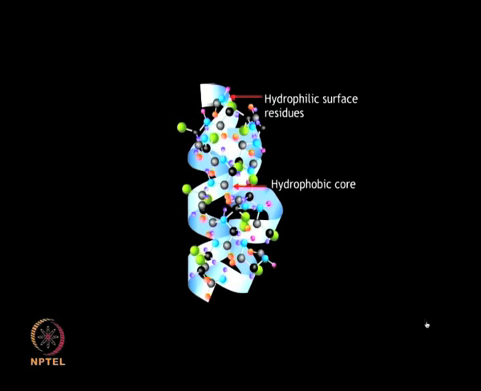Protein folding takes place such that the hydrophobic residues are buried inside the structure, while the polar residues remain in contact with the surroundings.